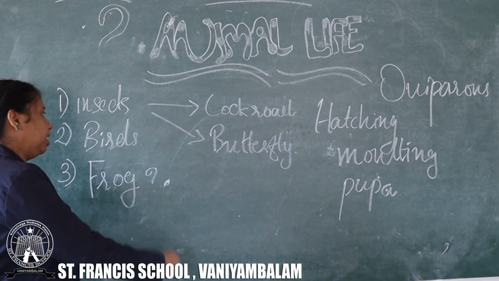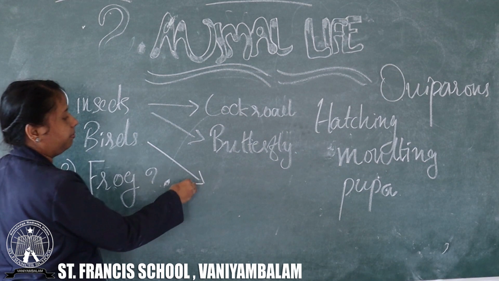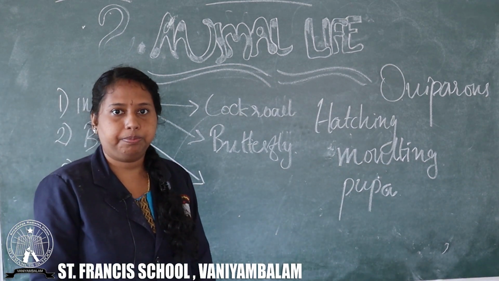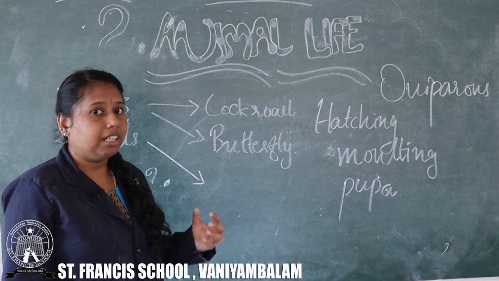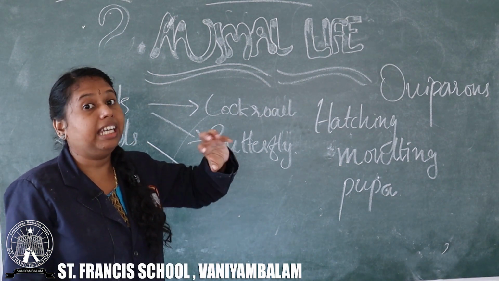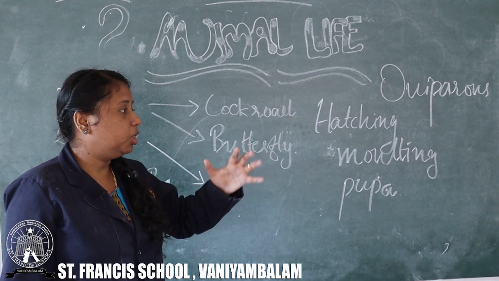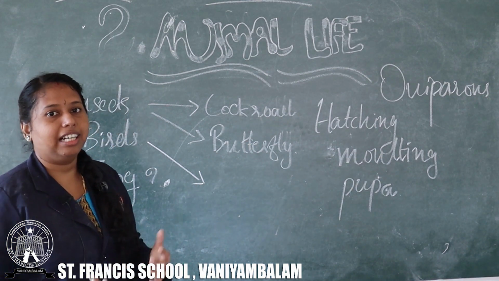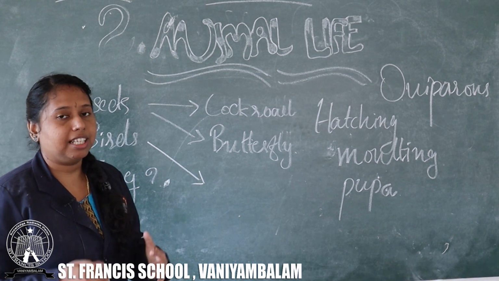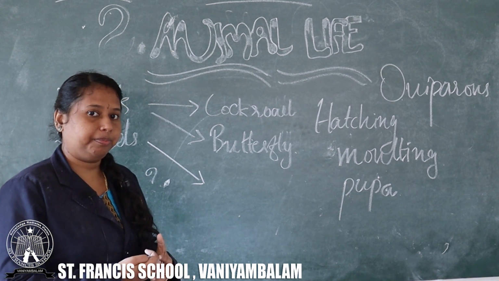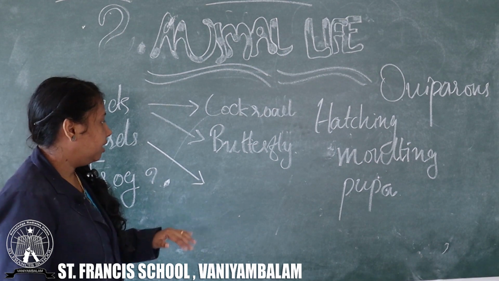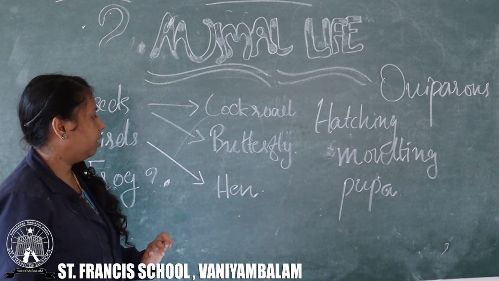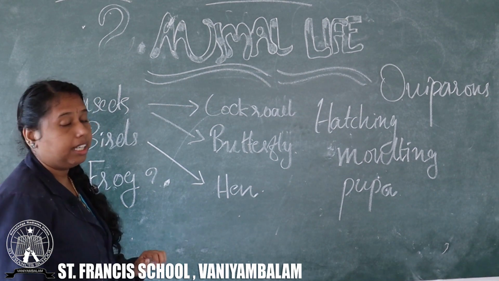And next we studied about the birds, the reproduction or the life cycle of bird. We took an example, hen. Hen will lay egg, and after that the new chick will form, and the chick will become the adult one. That is the life cycle of hen. And next we just discussed the egg of a bird.